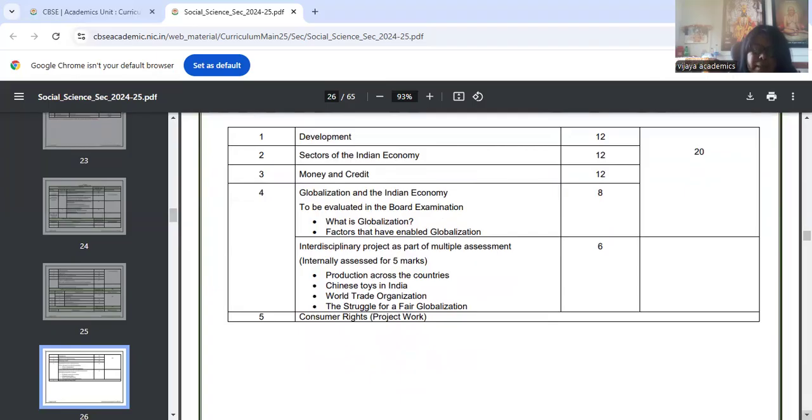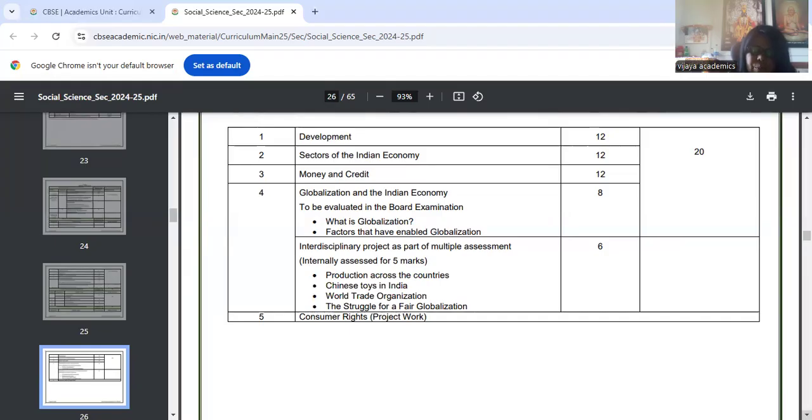Now, 2 parts are there. Only these 2 parts are evaluated in the board exam. First is what is globalization, and the second is factors that have enabled globalization, and the number of periods is 8. Now, from this lesson, some topics we are going to assess as multiple assessment as part of the interdisciplinary project.